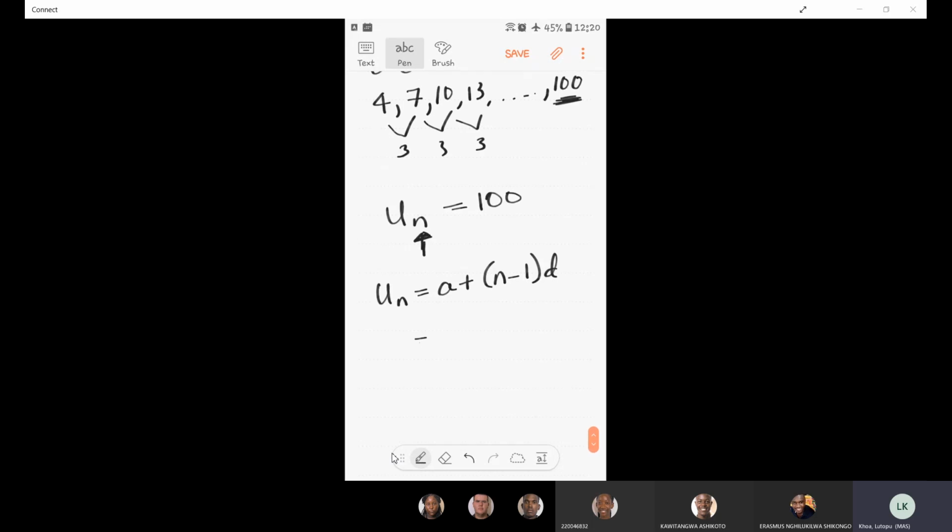This is equal to a, which is 4, plus n minus 1 times d. The common difference over here, we say 4 plus d is equal to 7. This means that d is equal to 3. So here I multiply by 3.